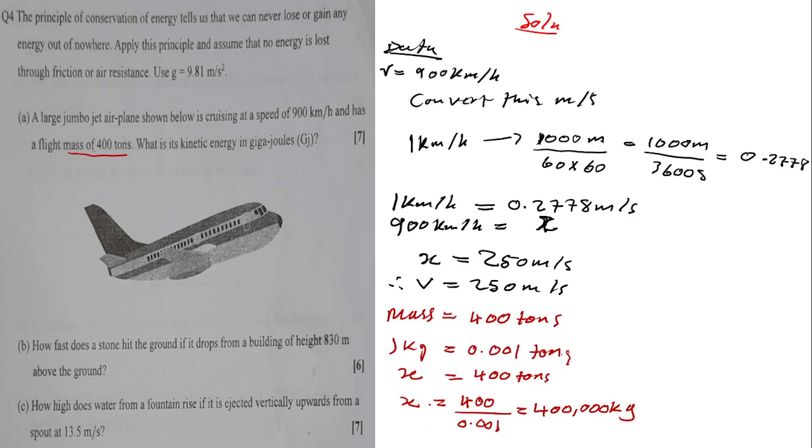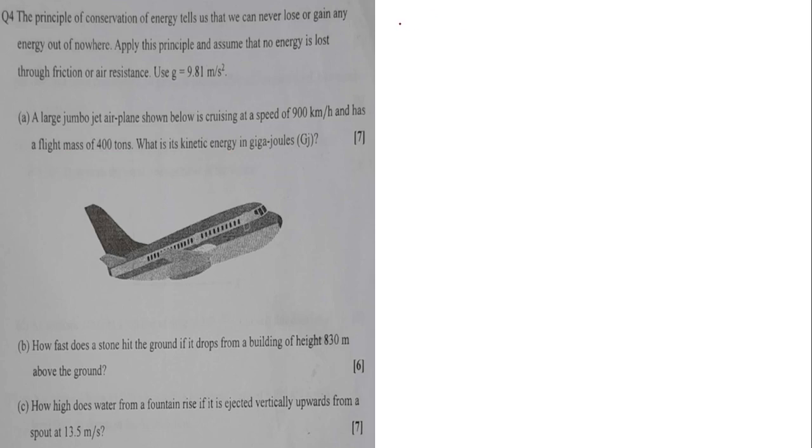Our next target is to use the formula for kinetic energy to find the kinetic energy. So KE, which is kinetic energy, is equal to 1/2 mv squared. From there you can say KE is equal to 1/2 times the mass, 400,000 kg, times 250 squared, which is our velocity.